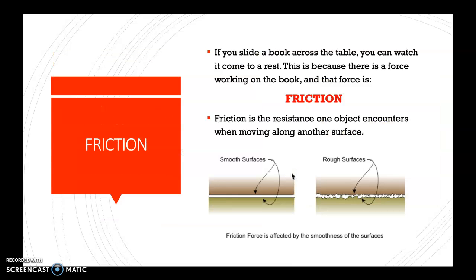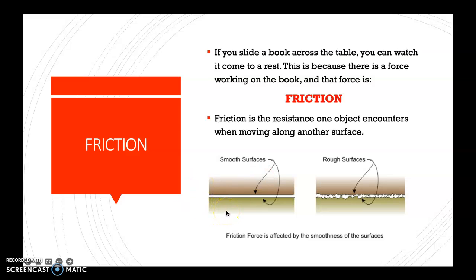The most common force that counteracts motion in our world is friction. No matter what, even if it's a super slippery patch of ice, there is going to be a little bit of friction. And so that's why we don't see objects moving forever at a constant speed. If you push a ball, it's going to eventually stop, because there are other forces like friction that are going to counteract that motion.